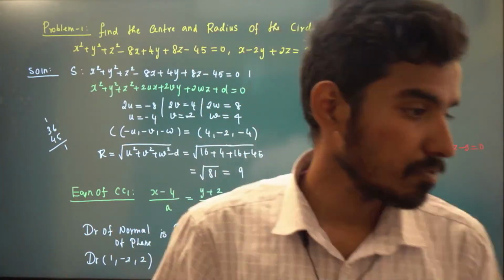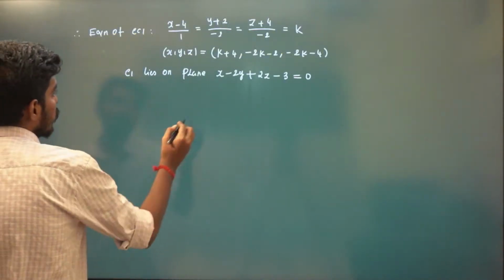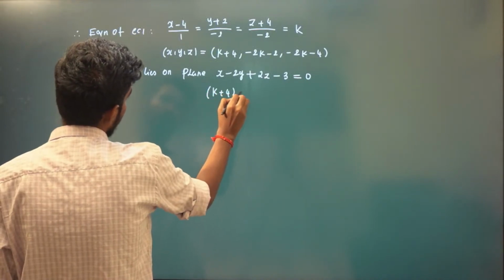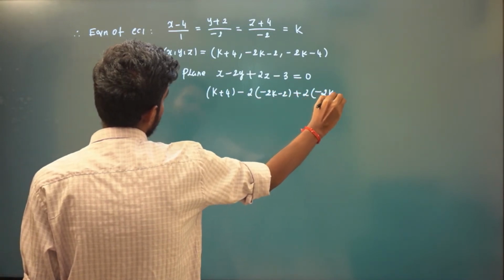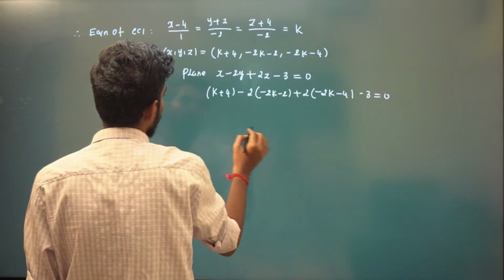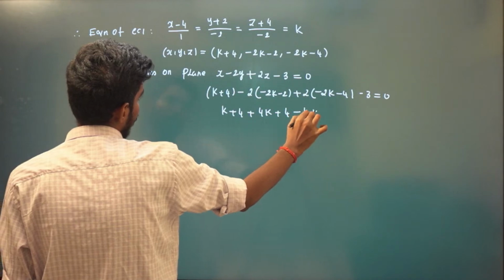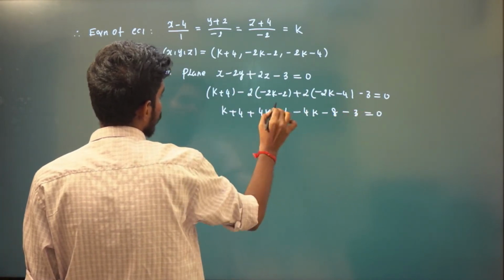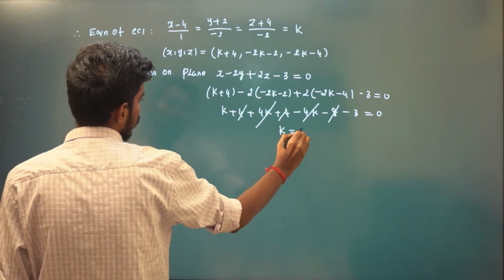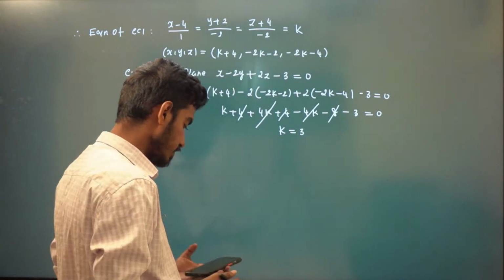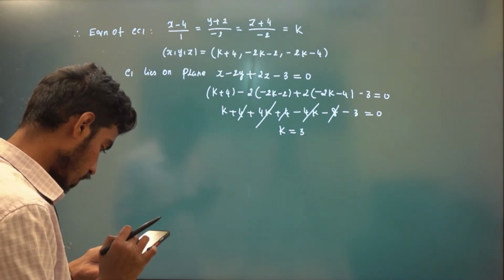So you substitute that coordinate here. So you will have k plus 4 minus 2 times y plus 2 times z minus 3 is 0. So when k is 3, C1 will take that coordinate.